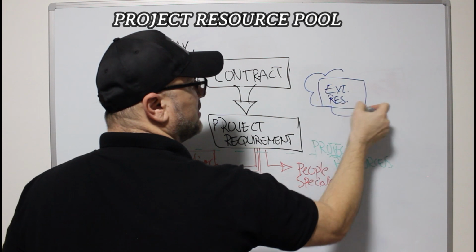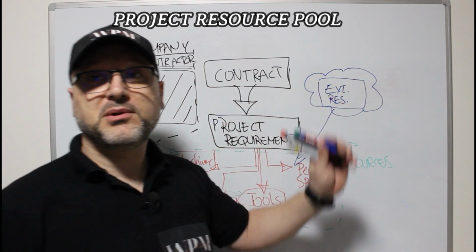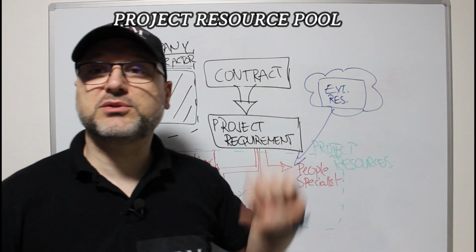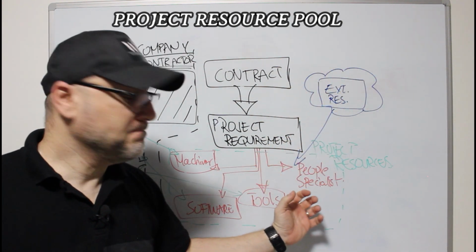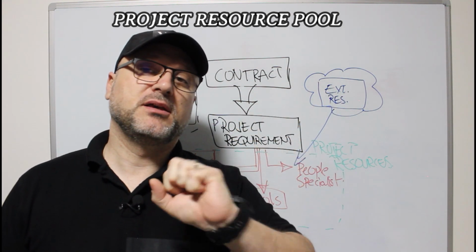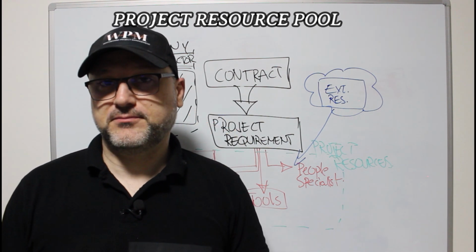The external resources to be allocated are like people from other companies, or you look at other companies and give some work to other people, or hire some people for a specific project and for a specific period of time. Okay.